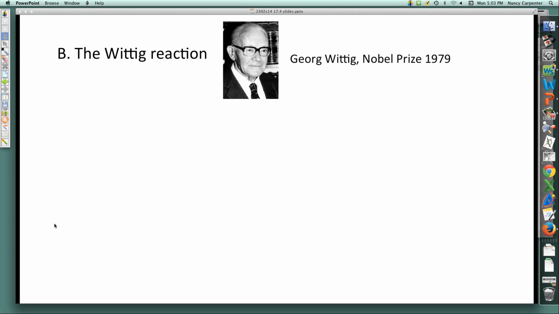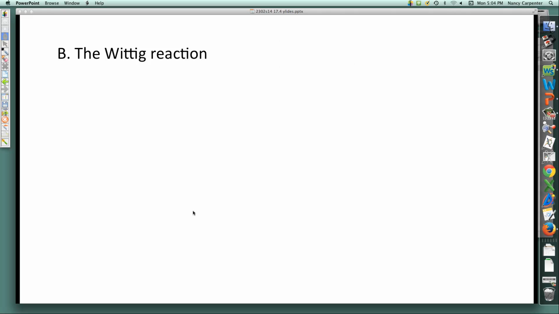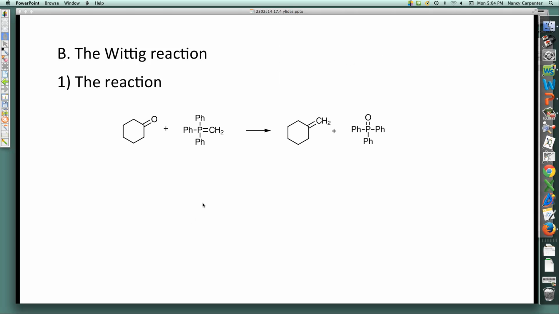Okay, so we'll start with the Wittig reaction, named after Georg Wittig, who won the Nobel Prize for this chemistry. It's a fantastic way to make alkenes. Basically, what happens is you take a ketone or an aldehyde, you add the Wittig reagent, the phosphonium ylide, and voila.